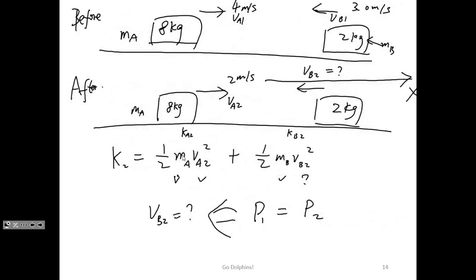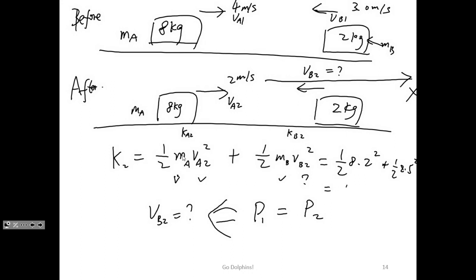Now we can go back here and calculate the kinetic energy, right? 1/2 times 8 times 2 squared plus 1/2 times 2 times 5 squared.